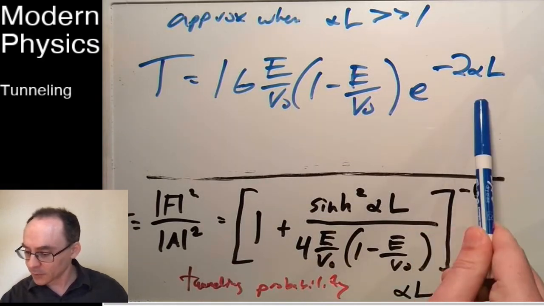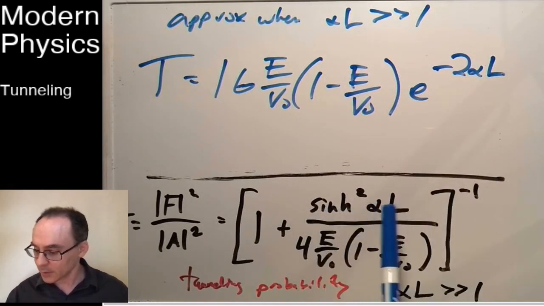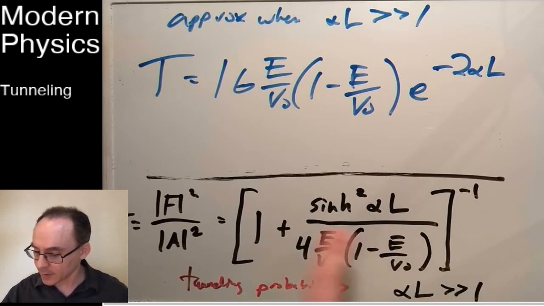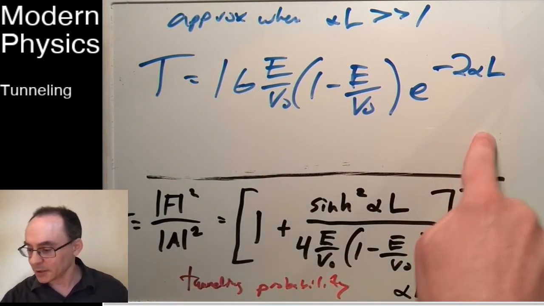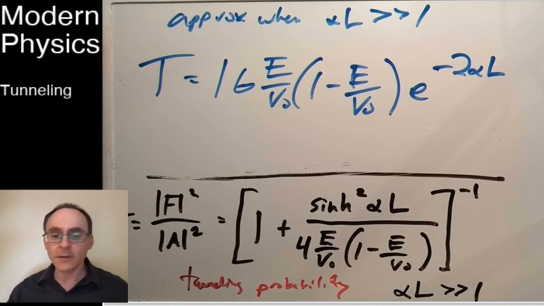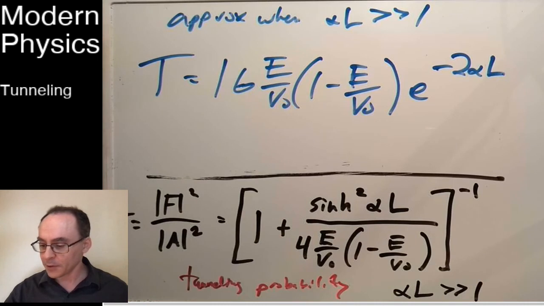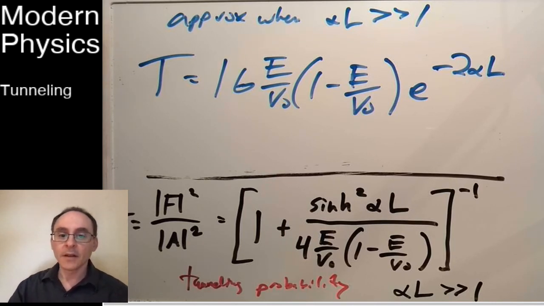This exponential is really just coming from this sinh squared, but the idea is in this limit it simplifies a bit, and you get this expression. So this is actually, in practice, more often used because often you are in that approximation, but you'll note that it is something that you should check.